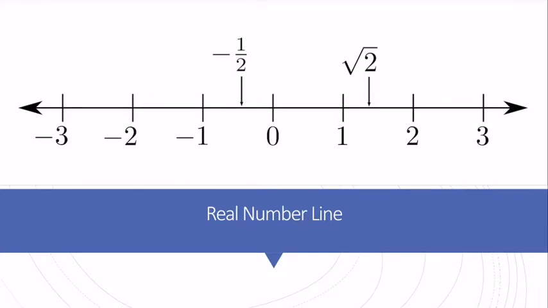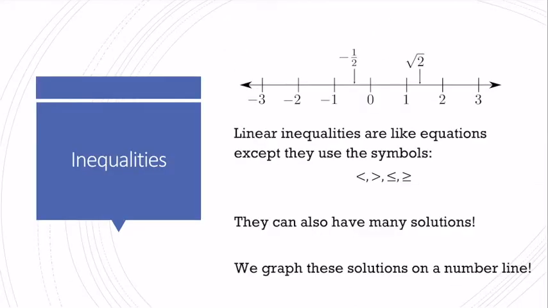When we have real numbers, we can represent them on a number line, right? So like I said, we've got our whole numbers, natural numbers, integers, rational numbers, and our irrational numbers. And we can represent all of those on the number line. When it comes to inequalities, that's a way for us to compare numbers on the number line.